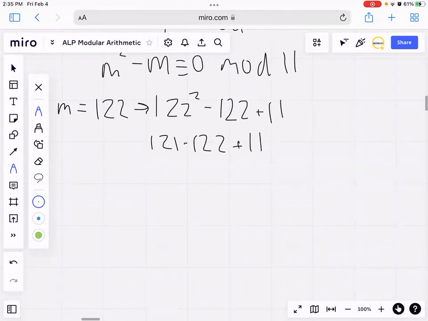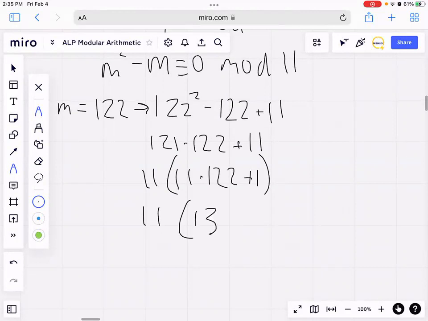We're just going to factor the 11 out of this, so it's 11 times, 11 times 122 plus 1, which is equal to 1343. Just testing divisors, since the smallest divisor is not that large, we see that 1343 is 17 times 79.